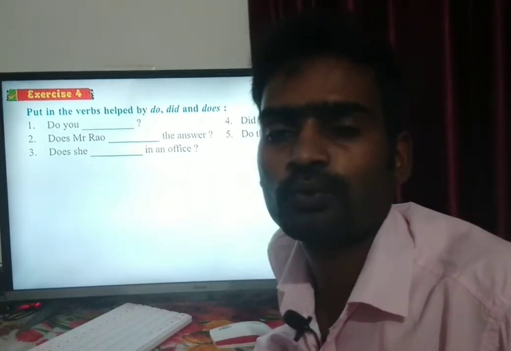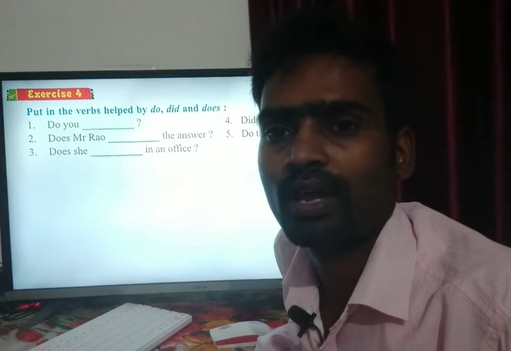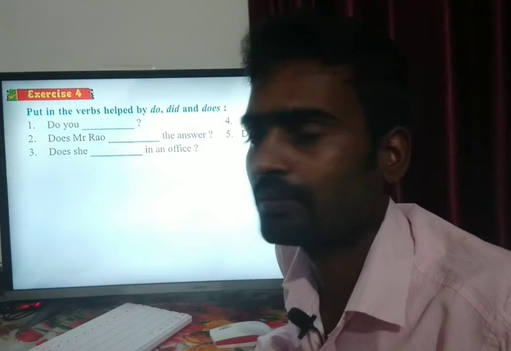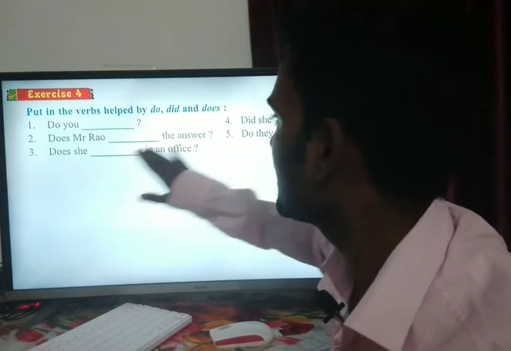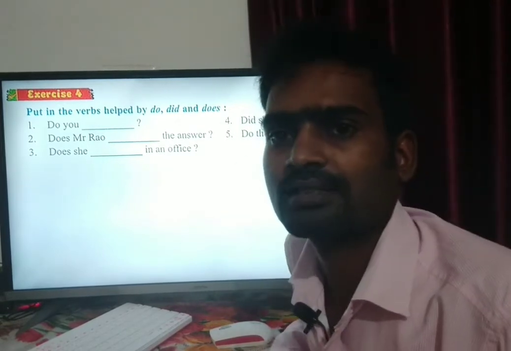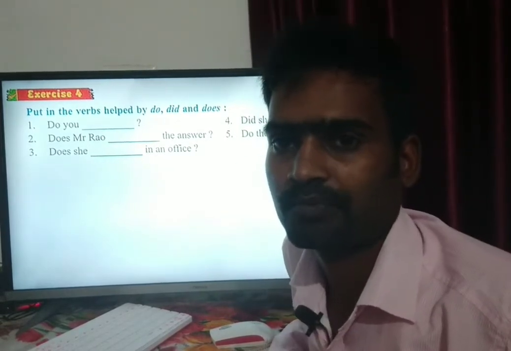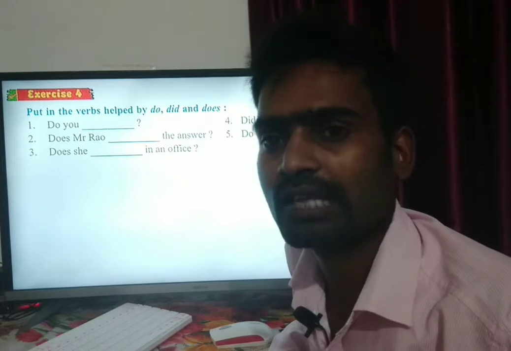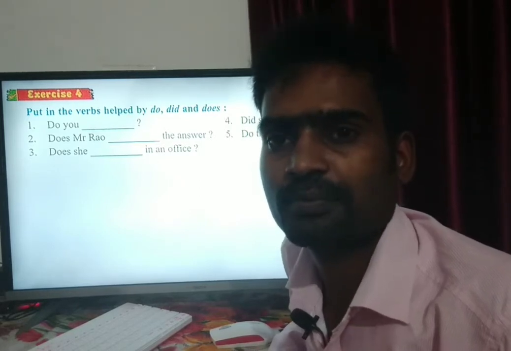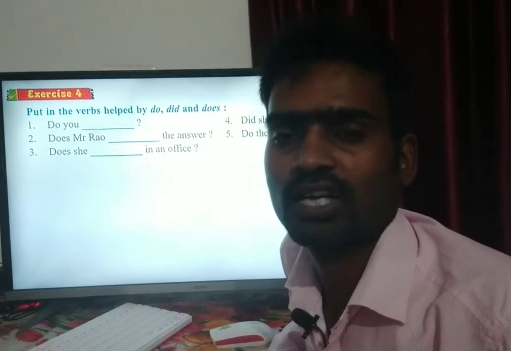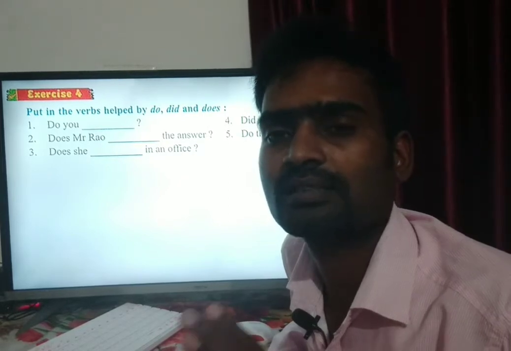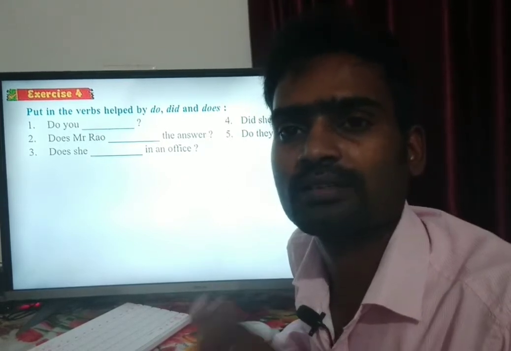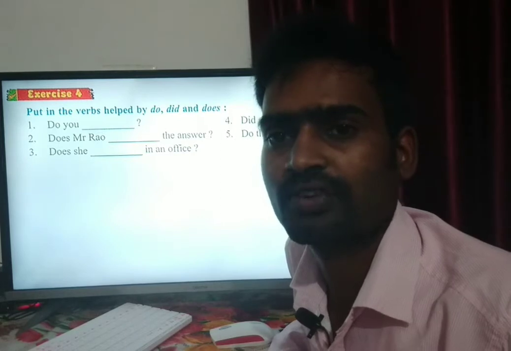We are going to use the verb forms, present form or past form, to fill these blanks so that this will give proper meaning, or else it will not give meaning. As we know already, without a verb there is no sentence in English. A sentence will not be completed without a subject, without a verb.